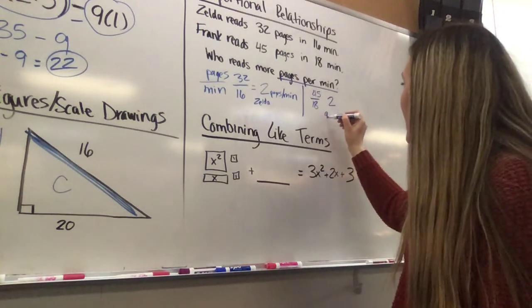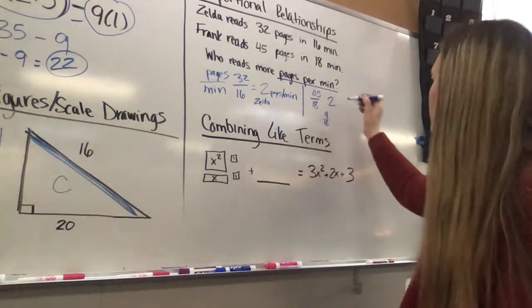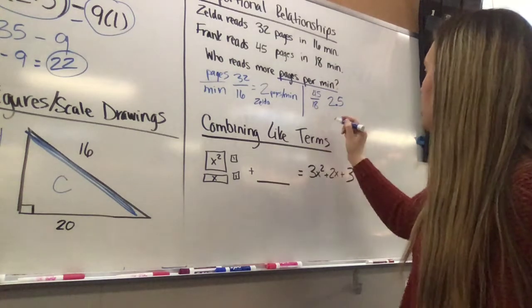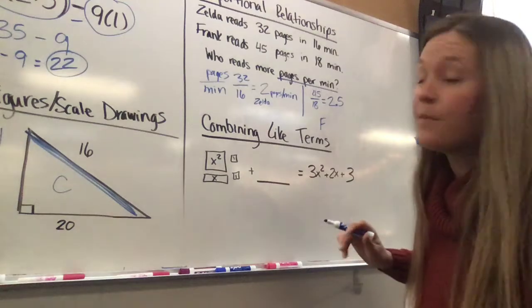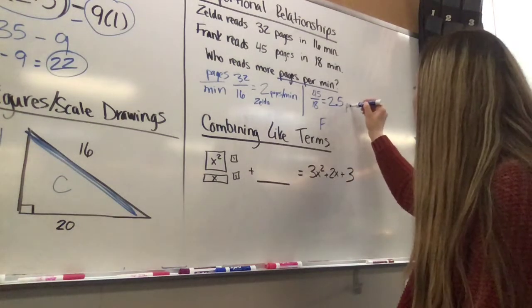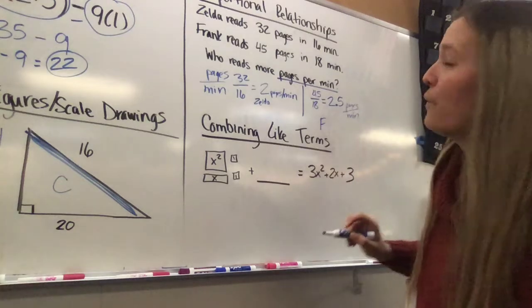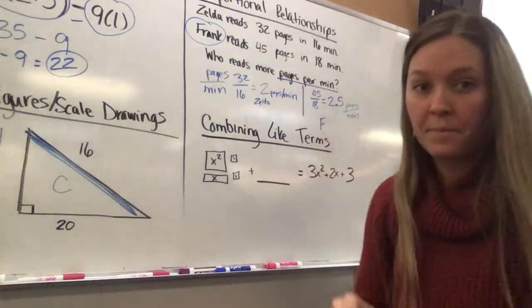So then I have 9/18 left over, which is 1/2. So that tells us that Frank reads 2.5 pages every minute. So Frank is the faster reader.